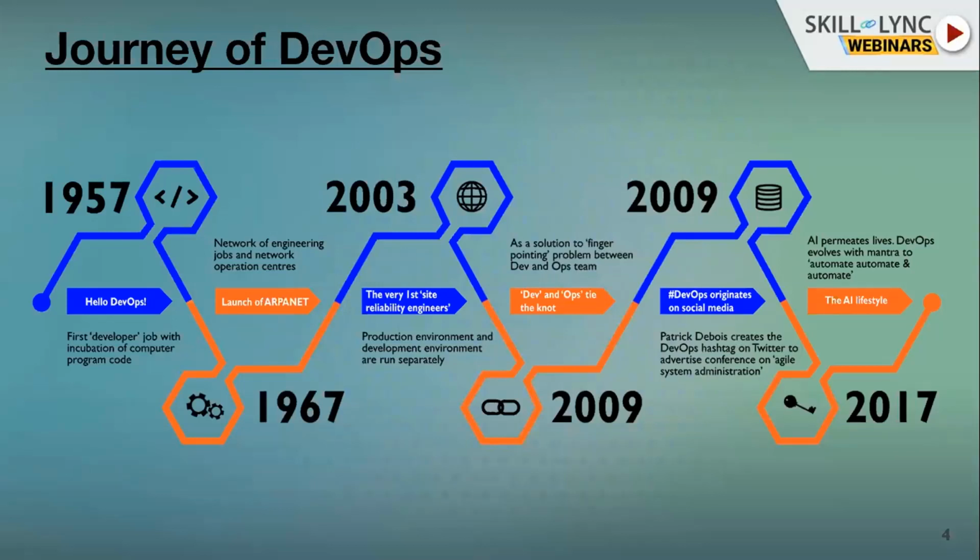In 2009 only, Patrick Debois organizes the first DevOps Days in Belgium. And in 2012, Splunk and SolarWinds were the first DevOps software tools to go IPO, at $1.5 billion, showing the growth potential of this industry. So now we have a basic understanding of DevOps. We can see how much growth potential DevOps has in the market, because it helps us eradicate all those things which created problems for us in the waterfall model.